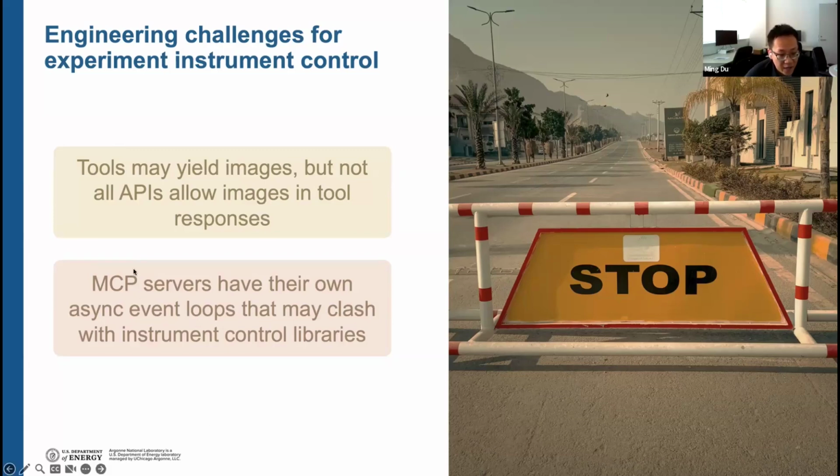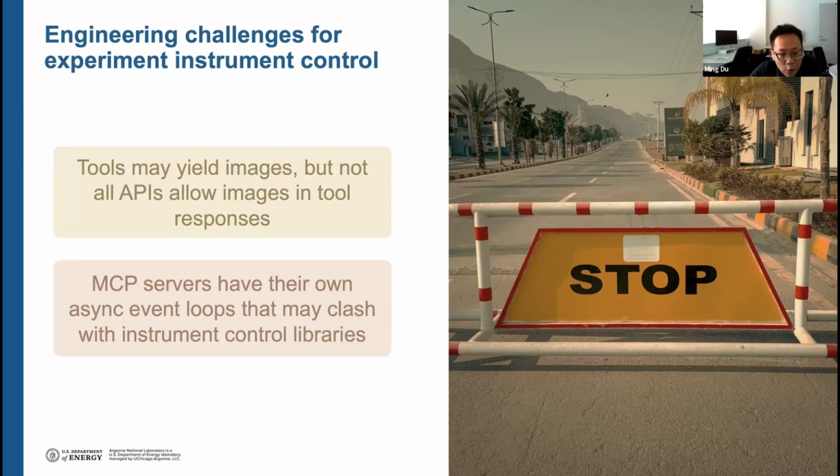The second challenge is for instrument control. If we wrap the tools as MCP servers, these MCP servers have their own async event loop in the gateway. But in the meantime, some of the instrument control libraries also have their own async event loops. For example, people at the APS very commonly use a framework called Bluesky to control their instruments.